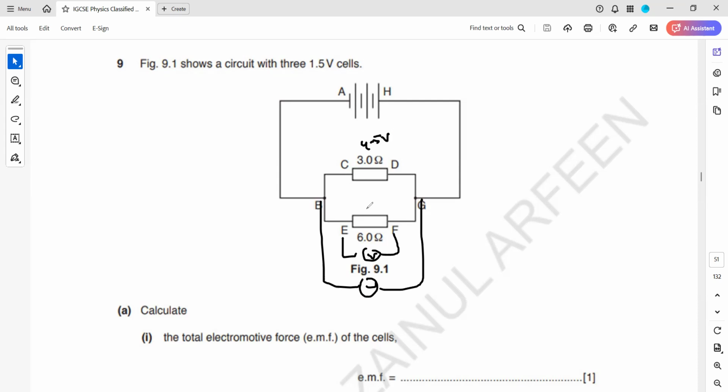If this is 4.5, this is 4.5, this will also be 4.5, because in parallel the voltage is the same. Even I can say AH as well. They all have the same voltage. So I can connect in parallel between AH, or even between CD as well. It's also right. This will also work the same way.